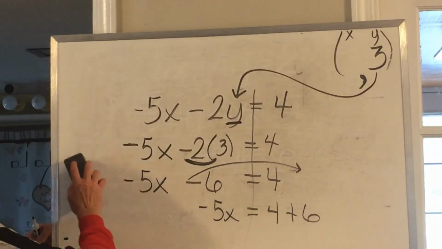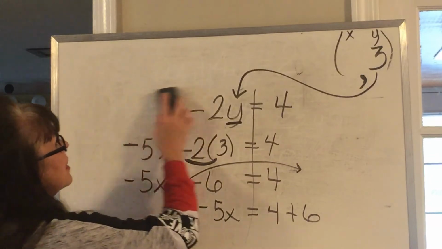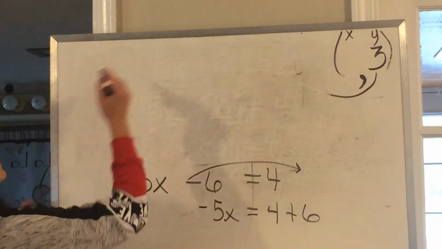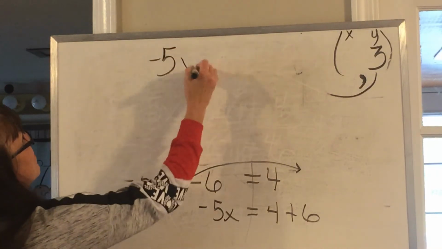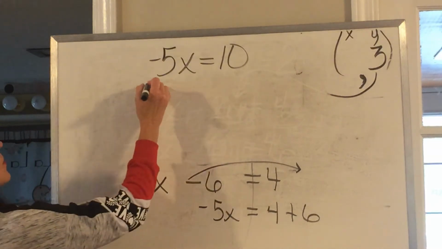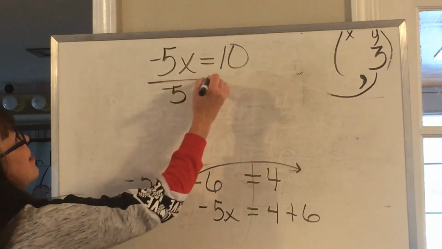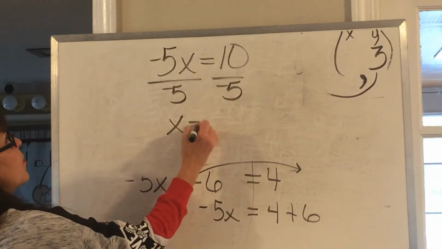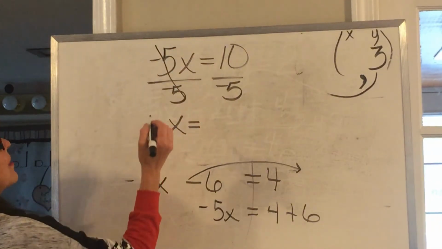Negative 5x equals 10. So I'm going to start over. Need a little bit of room. Negative 5x equals 10. Solve for x. Divide by negative 5. x equals, I'm going to cross cancel.